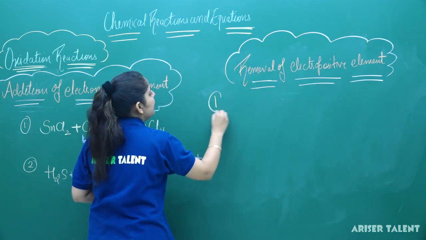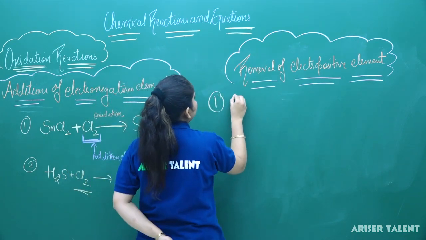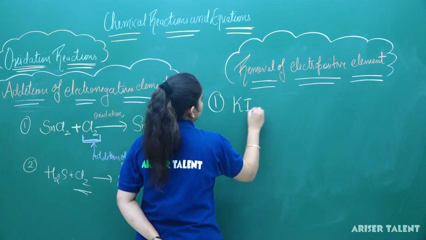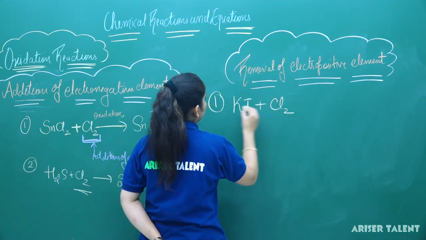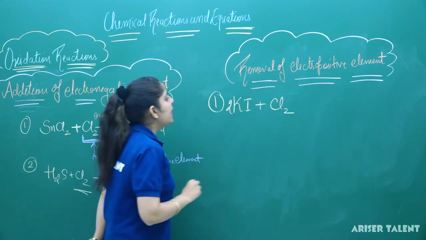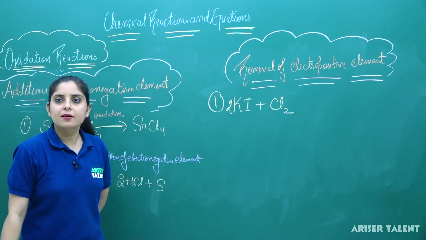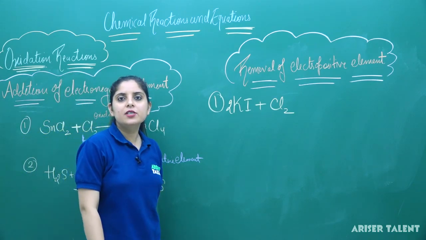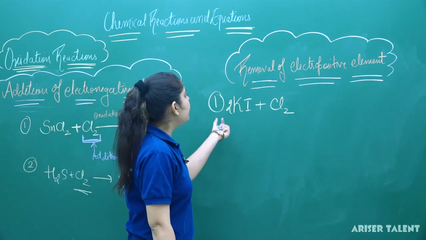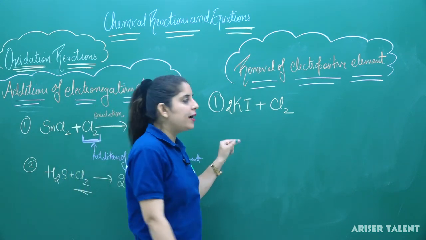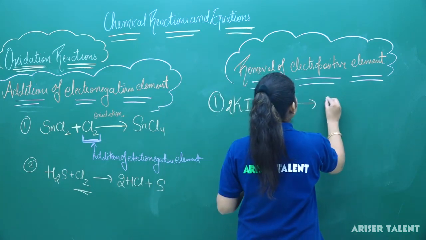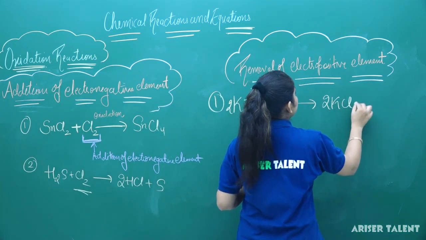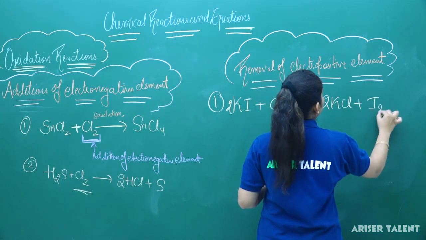So the first example is, if we are adding KI plus Cl2, clear? So 2KI is potassium iodide and Cl2 is chlorine. Now if I am adding Cl2 to potassium iodide, what will I get here? I will get 2KCl plus I2.